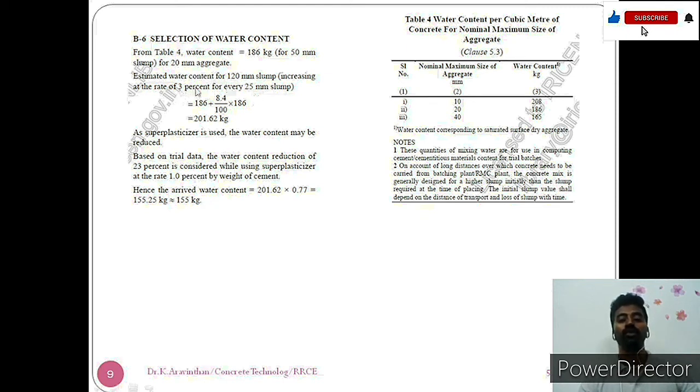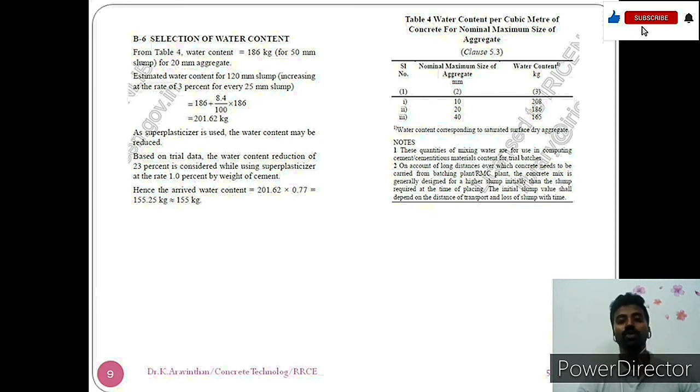If you work this out, you will get 8.4 as the percentage of water which is required. So if we convert 8.4% into kilograms, we will get 201.62 kg as the net water content required to achieve more slump. So the higher the slump, the more the water content shall be increased.